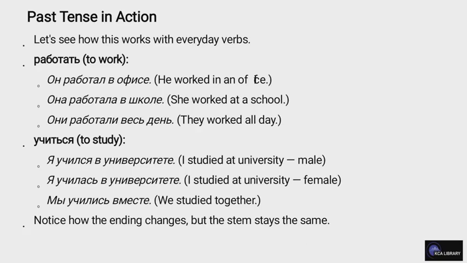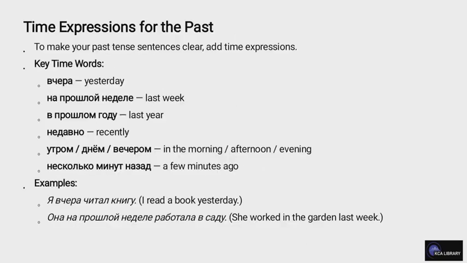Time expressions for the past. To make your past tense sentences clear, add time expressions. Key time words: vchera, yesterday. Na proshloy nedele, last week. V proshlom godu, last year. Nedavno, recently.